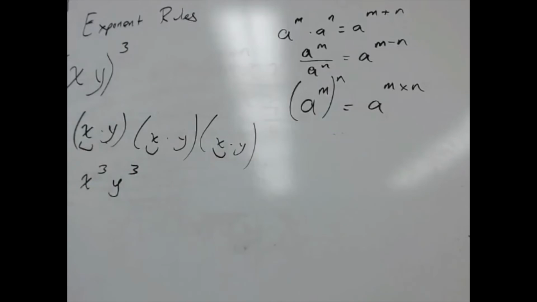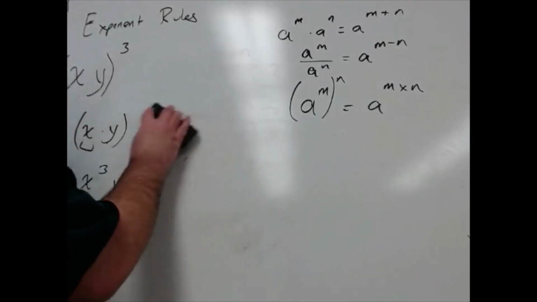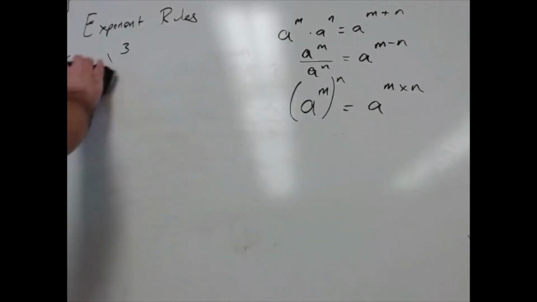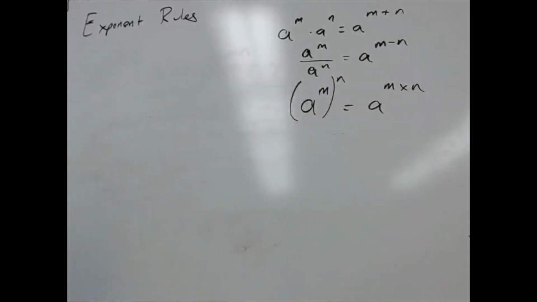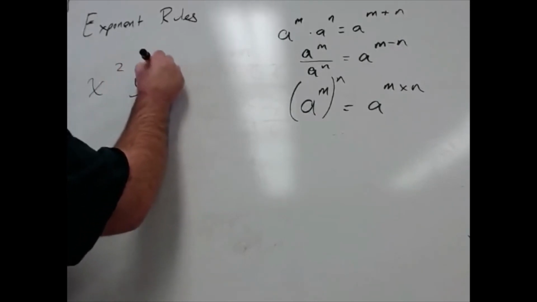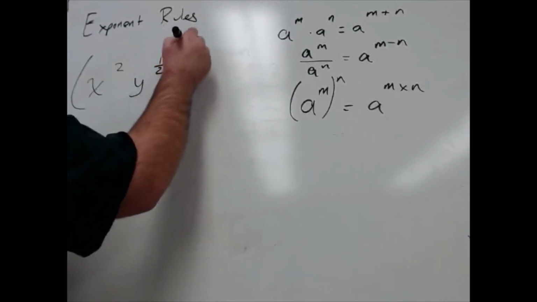So what you might notice is that both things that were inside this bracket have ended up getting this exponent. The x got the exponent 3, and the y got the exponent 3. So anytime you have something inside brackets raised to an exponent, whatever that expression is, everything inside the bracket gets the exponent that's on the outside. It doesn't matter how ugly it looks. So let's look at, say, x squared y to the 1/2 raised to the 5.